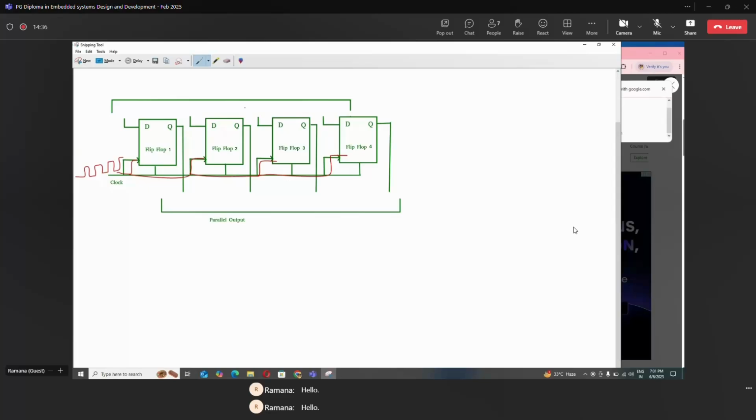Here we are giving the data, okay. 1 0 0, okay, again. We're giving the input parallelly, okay. So the first clock pulse, the output will get 1 1 0 0, okay.